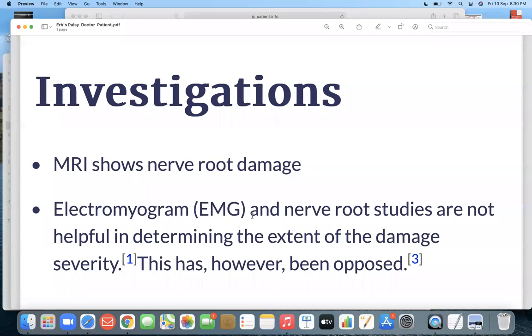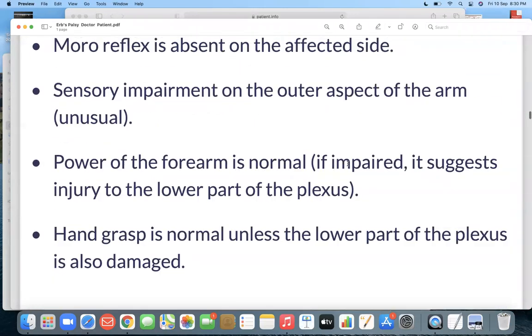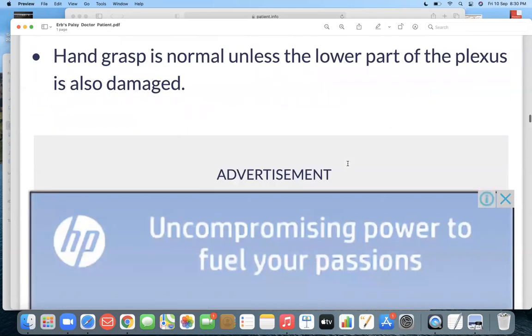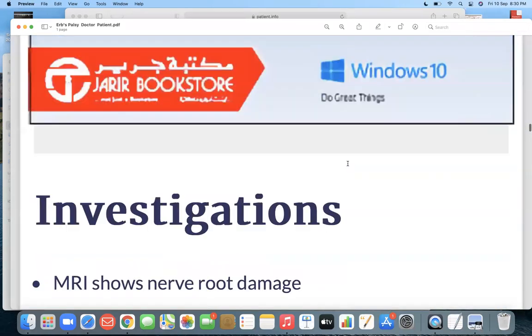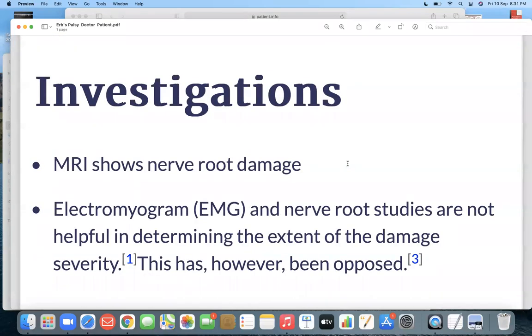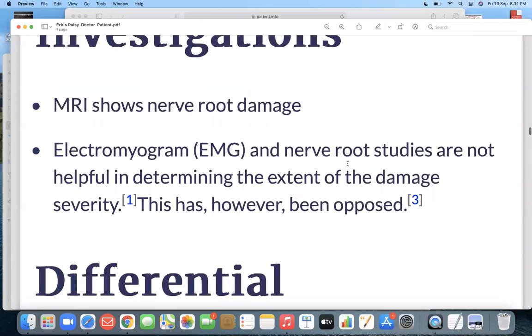Yeah, but he mentioned power of the forearm. If he had said power of the forearm muscles, I would have understood. Okay, no problem, we will make it muscles, because we know that the biceps is C5, C6 and it is affected. Yes, so he cannot flex.